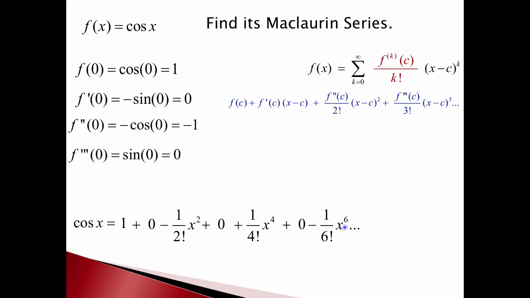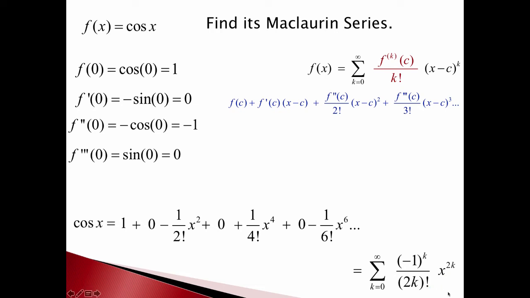I'll have 2k as my power and also 2k as my factorial. And then my derivatives are just plus 1, minus 1, plus 1, minus 1, and so on. So I get negative 1 to the k, because that's how you get plus, minus, plus, minus. Then my power is just the even numbers, and I'm dividing by the even numbers factorial.